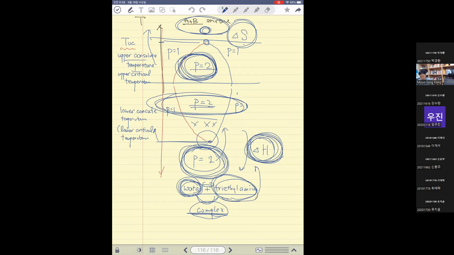And as you increase the temperature, this weak interaction is broken, and then A and B tend not to be mixed, and they tend to phase separate. So in a special case where you have a good interaction at lower temperature, you can have a phase diagram containing a lower critical temperature, right?